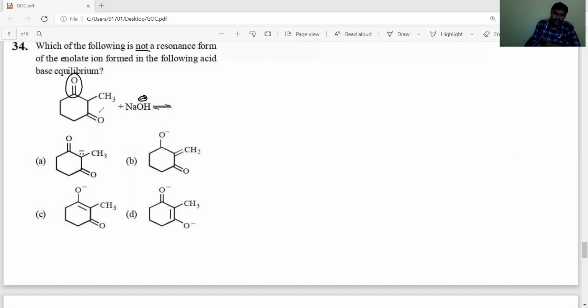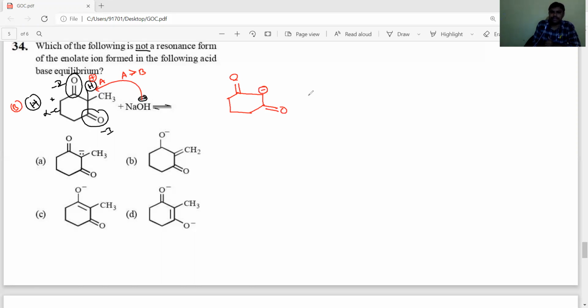These are carbonyl carbons, electron-withdrawing minus I groups, and the adjacent carbons are the alpha carbons. The hydrogens on the alpha carbon are acidic in nature. For example, let this hydrogen be A and this hydrogen be B; A is more acidic than B. So this base removes this proton and forms a carbanion.